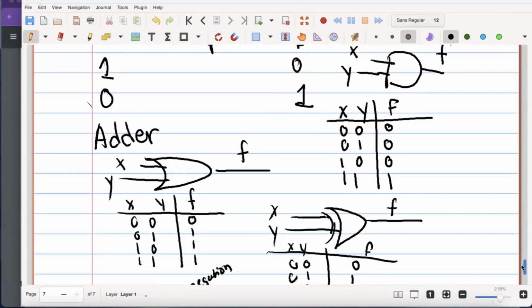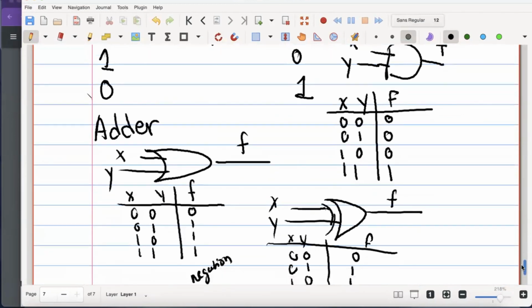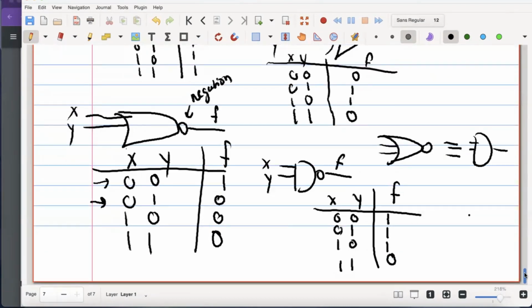Am I tweaking? Oh, that's not an adder, this is an OR. Okay. That would just be equivalent to an OR. Give me 2 seconds. Let me think about this.